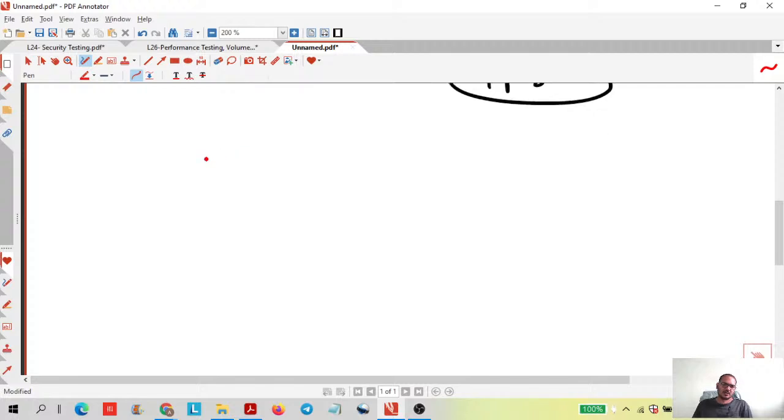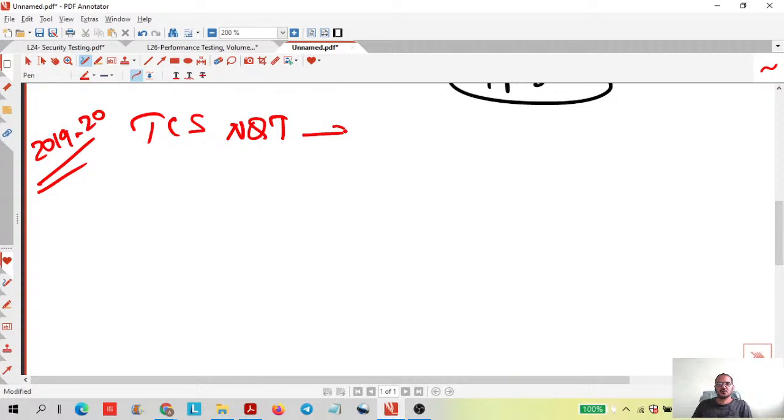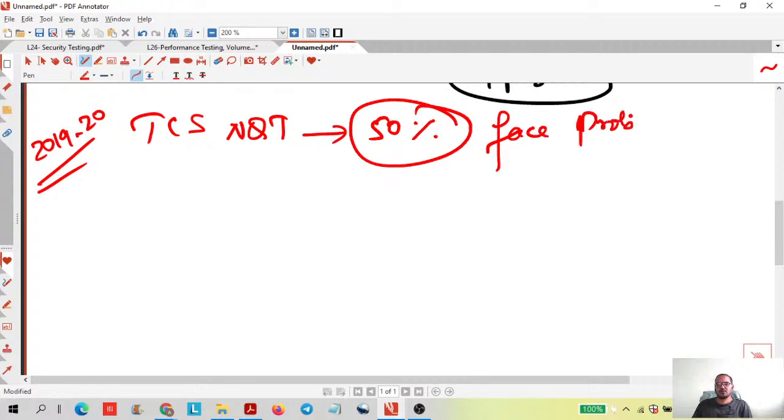Like during the 2019-20 batch, in the TCS NQT and all such exams, almost 50% of students used to face a problem, even while appearing for the test from the college. They used to face internet issues and software configuration issues with their particular laptop.